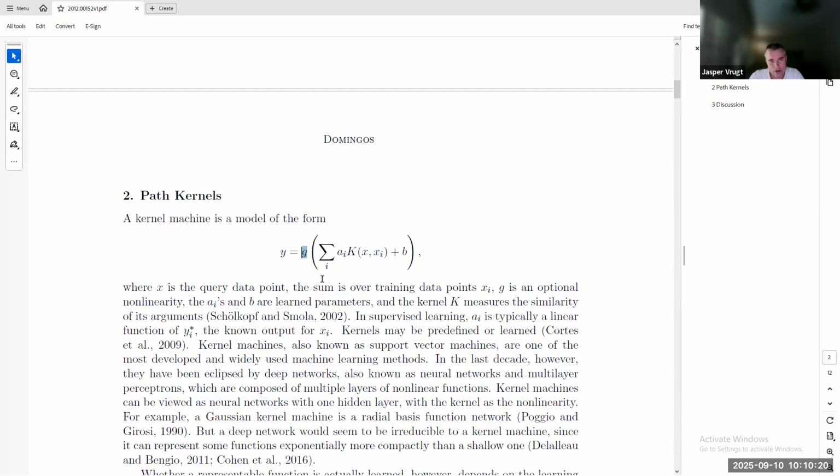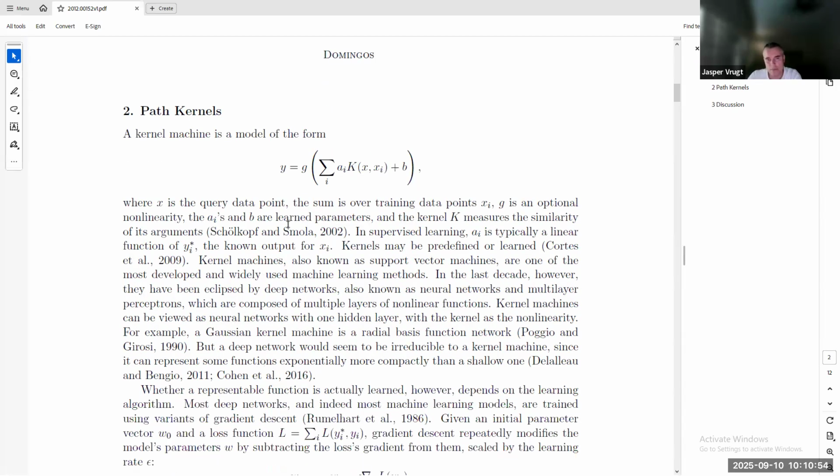This is some function, and this is my kernel, that tells you that if I have training samples, these are my measured temperatures, say, and the locations of those, and I have a new X, the location where I don't have a measured temperature, then based on some kernel and an intercept, and then I can add a nonlinearity on top, I predict the temperature at that location. So here is our kernel. It's a summation over all your samples.